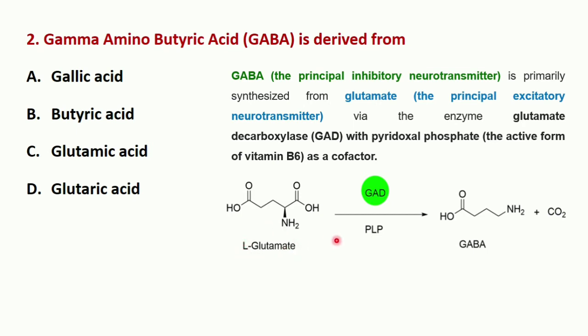Via the enzyme glutamate decarboxylase, GAD, with pyridoxal phosphate, PLP, the active form of vitamin B6, as a cofactor, glutamate is converted into the inhibitory neurotransmitter GABA. So the answer for this is glutamic acid.